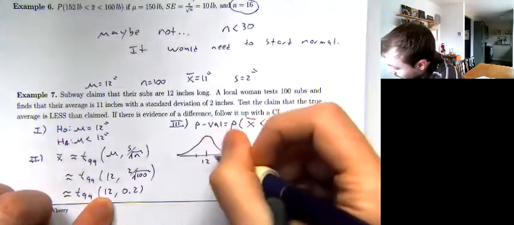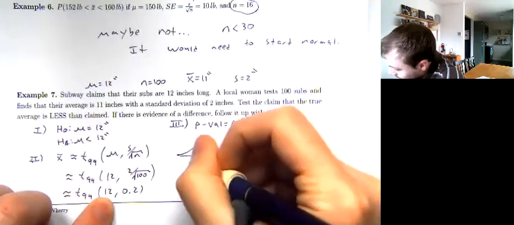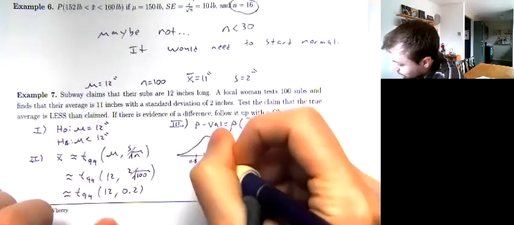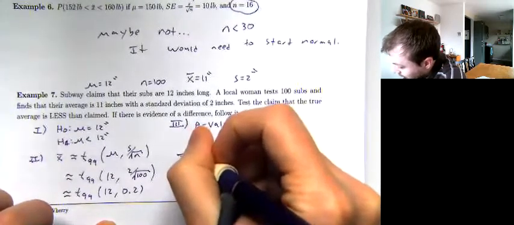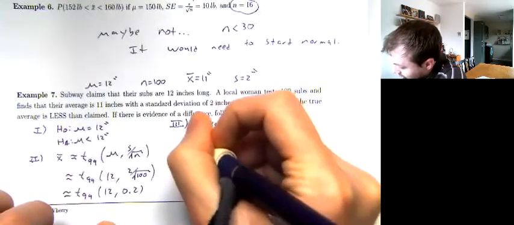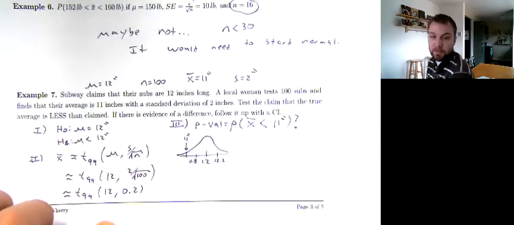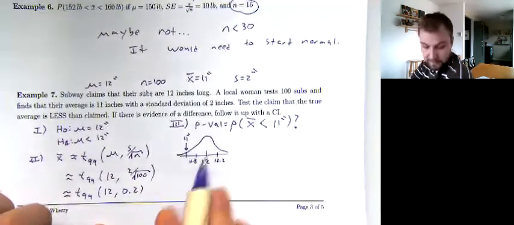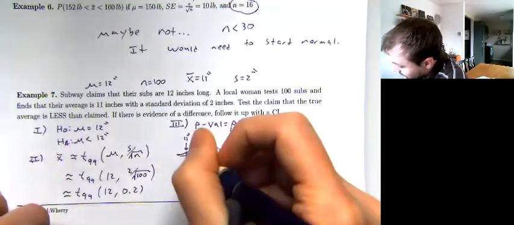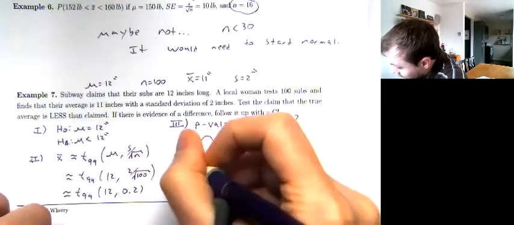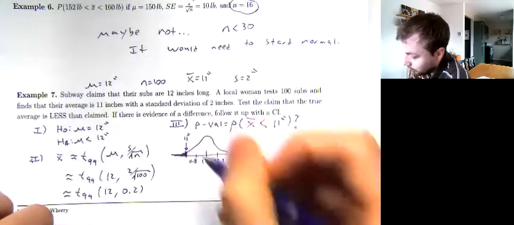So 12, and I'm counting by 0.2, so this is 12.2, this is 11.2, and I see a bit of a problem because if I'm counting by 0.2, it's going to take me a long time to get down to 11 inches. In fact, it's going to take me at least 5 of these tick marks down. I'm concerned about this amount or smaller for sandwich size, so I'm shading to the left.